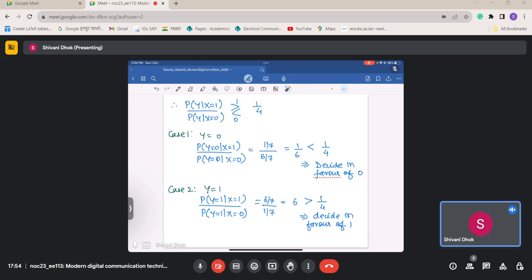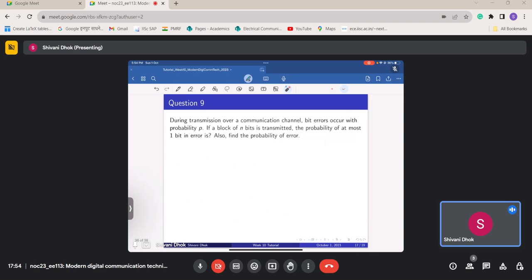Okay, if there are no questions, then let us look at the 9th question that I have planned to cover today. It says that during transmission over a communication channel, bit errors occur with probability p. If a block of n bits is transmitted, then find the probability of at most one bit in error. And also we need to find the probability of error.